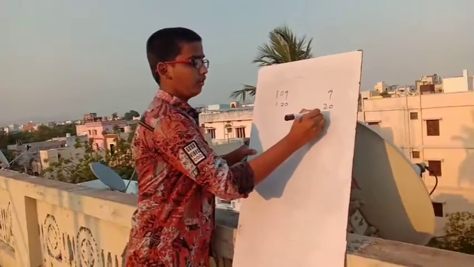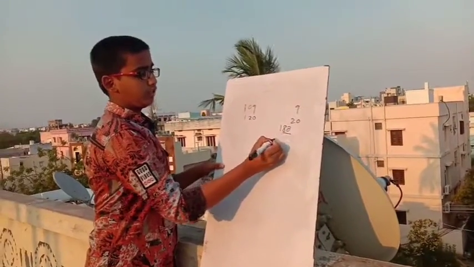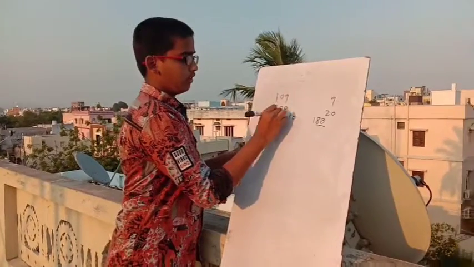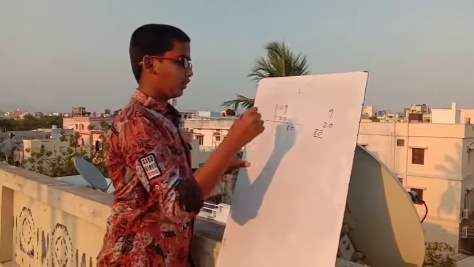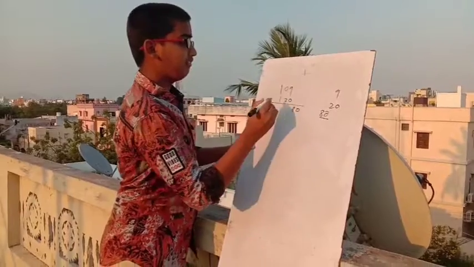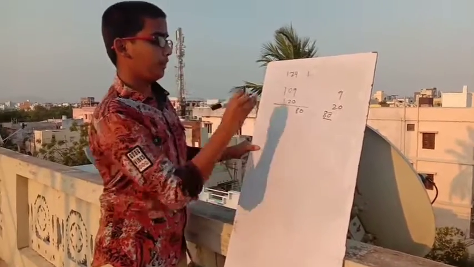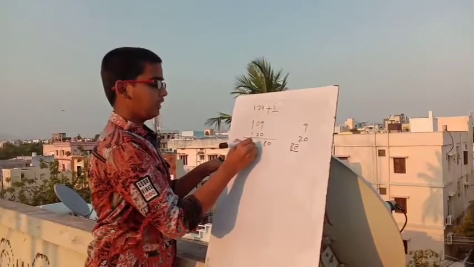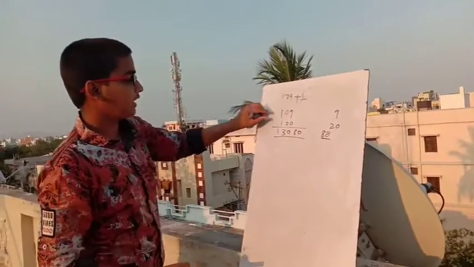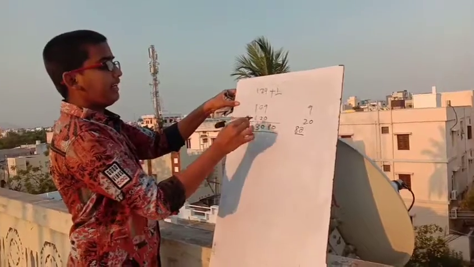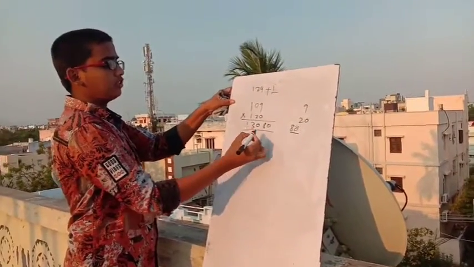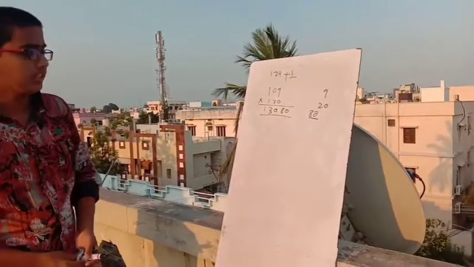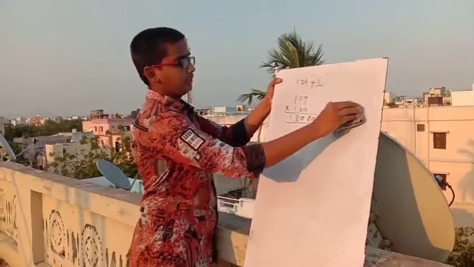Again we write only 80, two digits, and carry the 1 upward. Now we add these two numbers, and it becomes 129. Then we add the carried 1 to 129, and it becomes 130. So the multiplication of 109 into 120 is equal to 13,080. That's it. This is the short trick for calculation of numbers near 100.